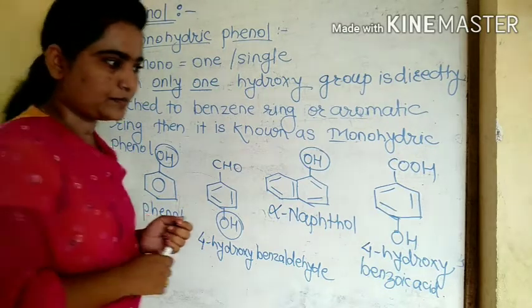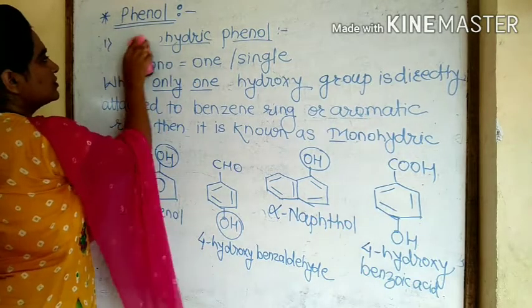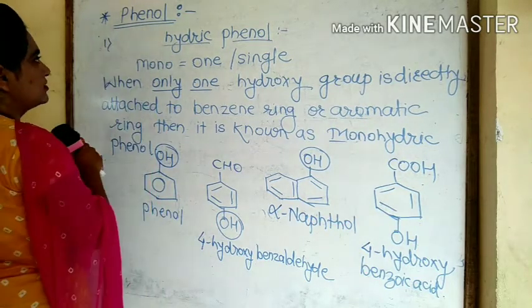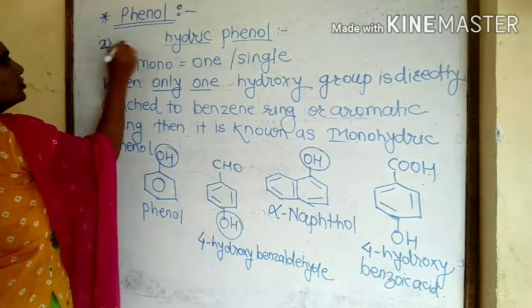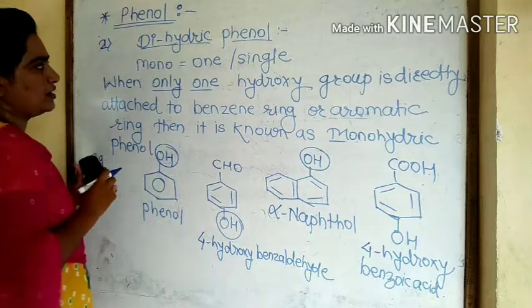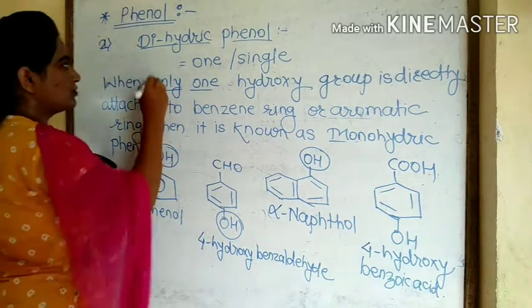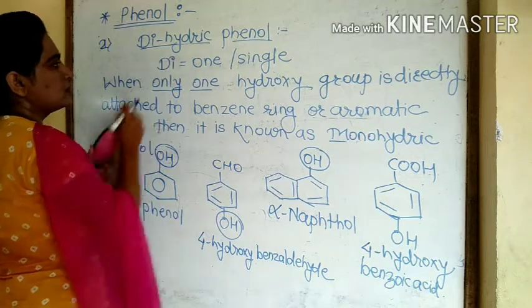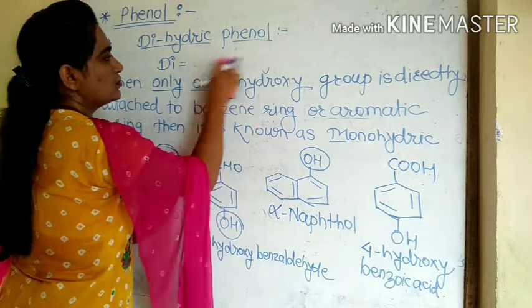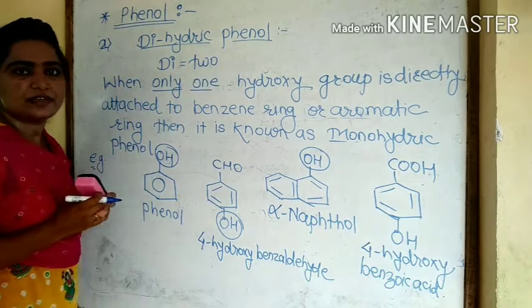Dihydric phenol. So here we can write number 2, dihydric phenol. Now here di means what? Di means 2. So again the same definition, only the difference is what?